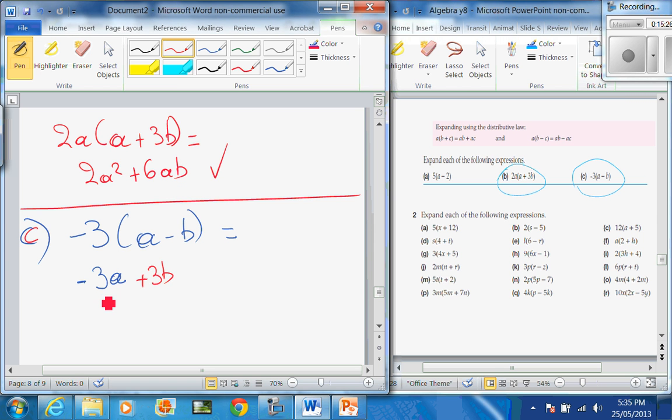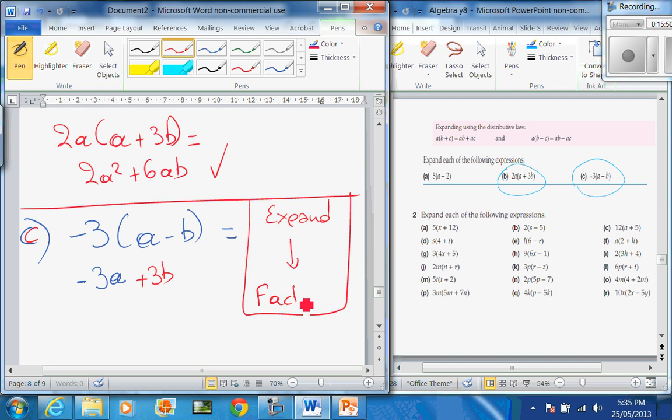Remember my ACDC trick? Why write 3a plus 3b if I can have the 3 outside? That's our trick, and this is our game. Expanding is the opposite of factorizing. And factorizing is the opposite of this.